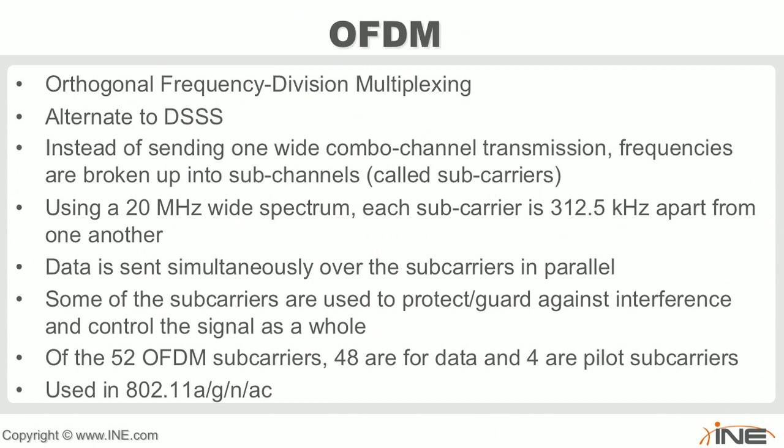Whenever you read any documentation on OFDM, you'll read about the various sub-carriers. If we were using, let's say, a 20 megahertz wide spectrum, DSSS would use the entire spread spectrum to send data all out at once.